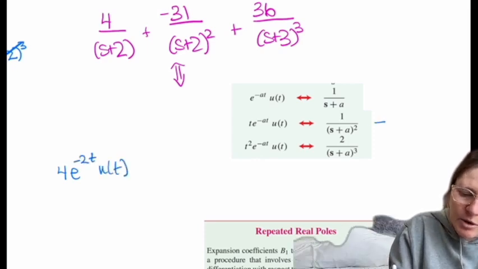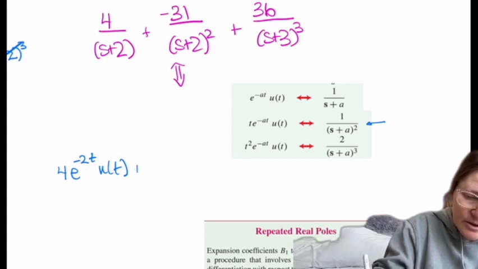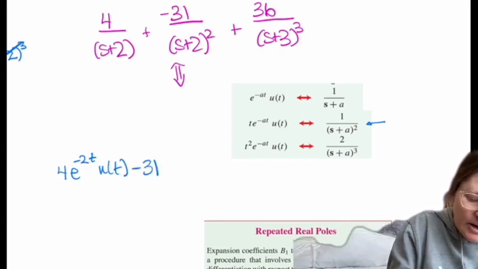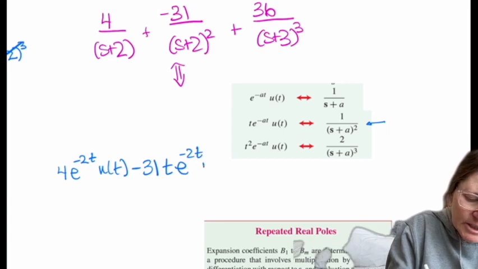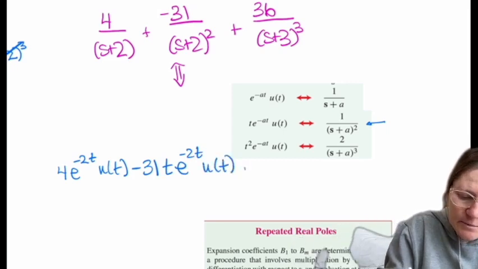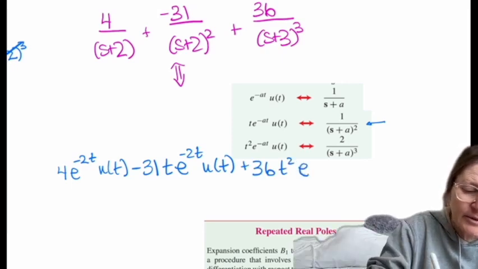And then the squared one, our a in that case is 2, so we have minus 31 first, so multiply out the constant, minus 31 t e to the minus 2t u of t, and then plus 36 t squared e, sorry, this was 3.